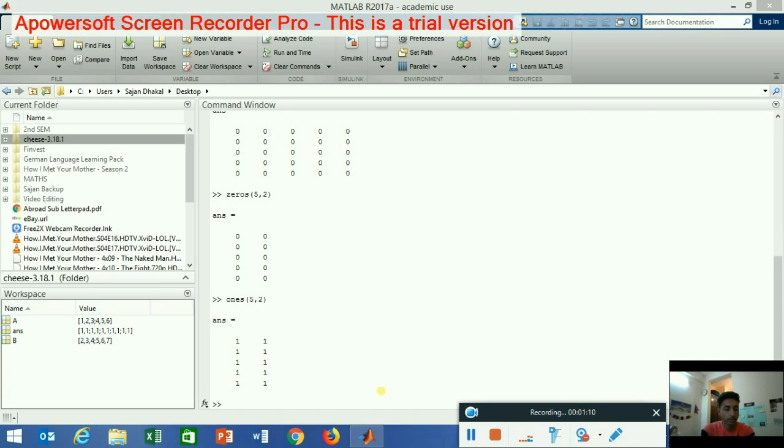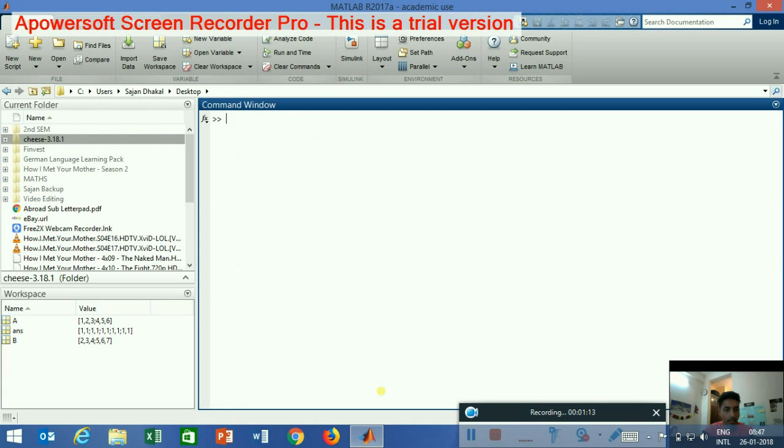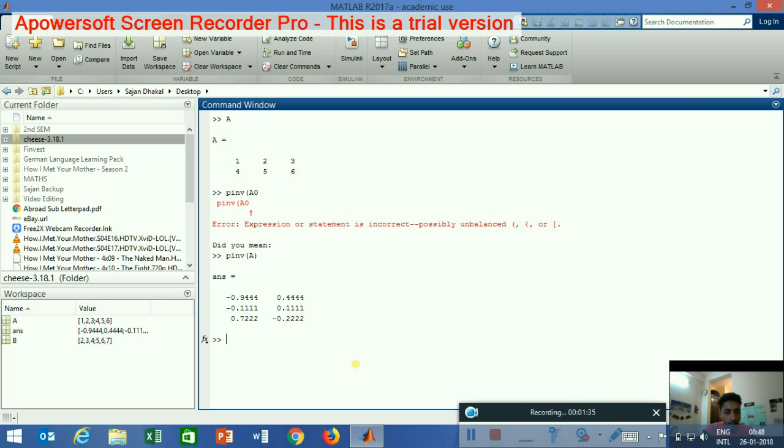Let's just say we want our inverse matrix. What was A before? A was our 2 by 2 matrix. We could get an inverse of A by typing in this command, pinv A. Okay, so how could you see that this is our given inverse matrix of A?